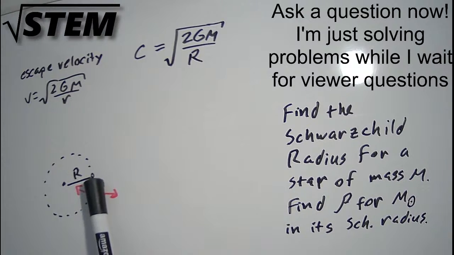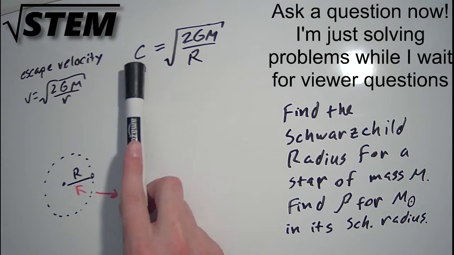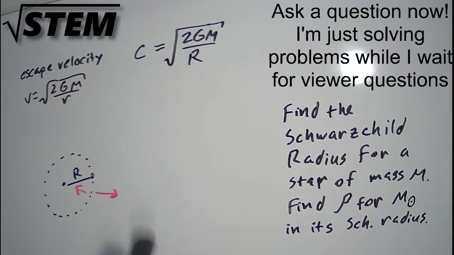If we're any less than that, then the escape velocity will be higher than the speed of light. And if we're out here, then the escape velocity is less than the speed of light, so we can get away regardless. So this should be true for the radius that we want to find.